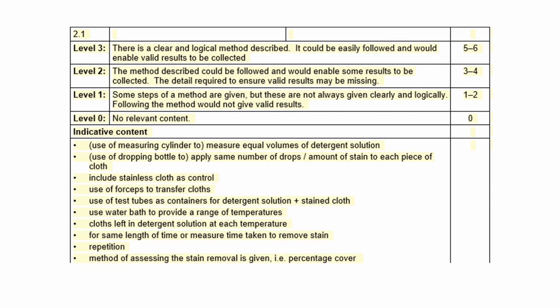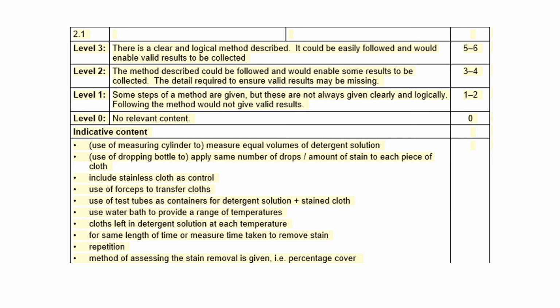So this is what the examiner will have, and this is what they will be looking at in order to mark your 6-marker question. There's normally 3 bands for a 6-marker, and 2 if it's a 4-marker. So do make sure that if you are talking about a practical, we are covering repetitions, control variables, pieces of equipment that we're going to use, and that it is in a logical order.